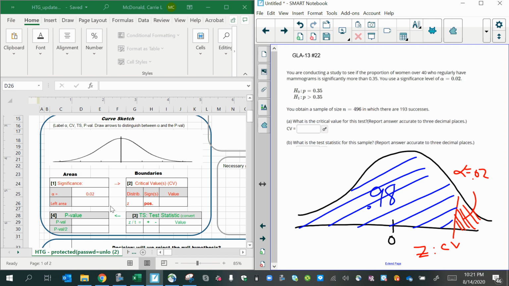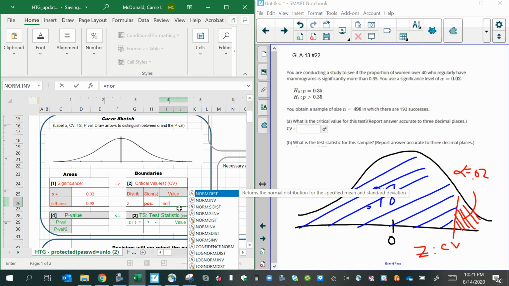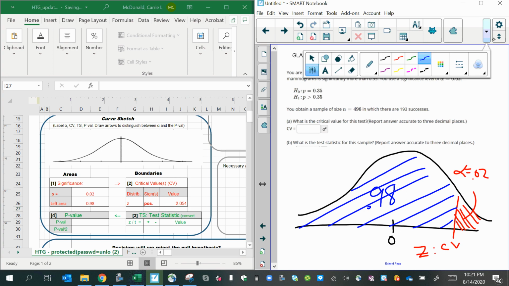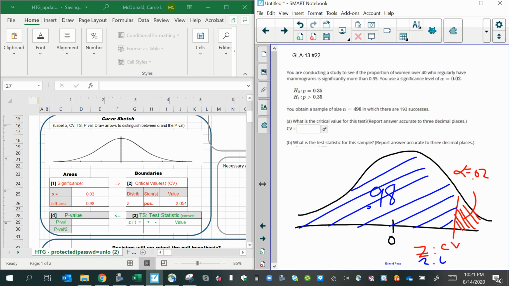So I can do that left area here, 1 minus the area to the right would give me the area on the left. And the area on the left can be used with norm.inv, the inverse lookup, the left area of 0.98, a mean of 0, and a standard deviation of 1. So that critical value is 2.054, and we can enter that answer in.